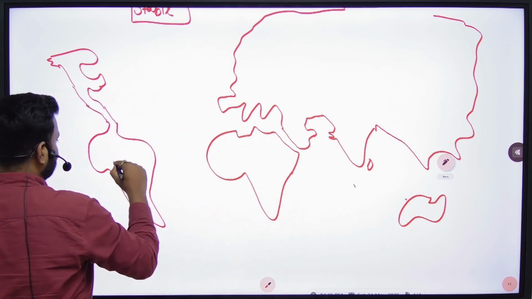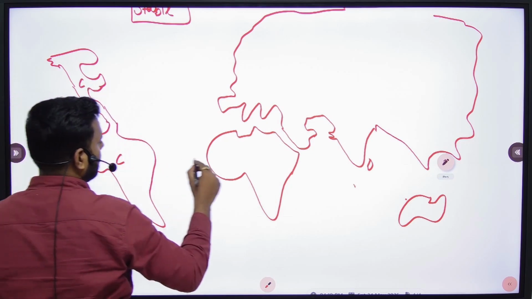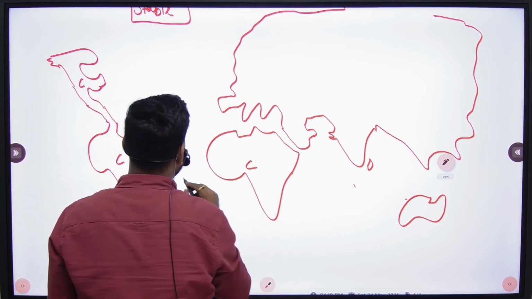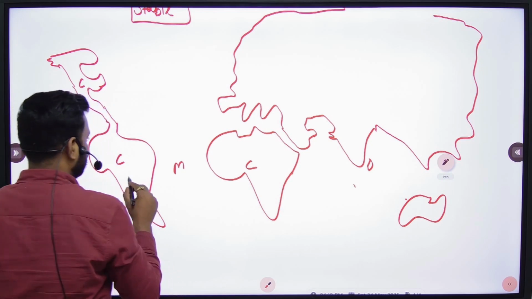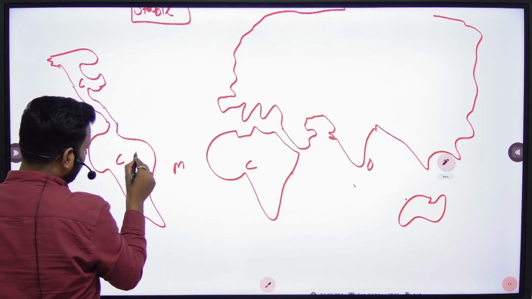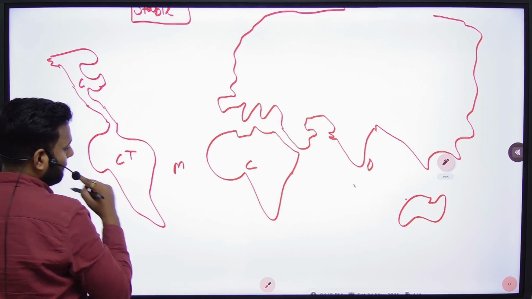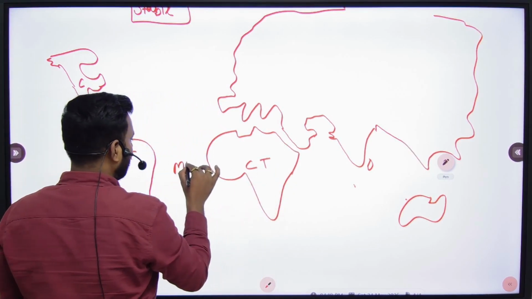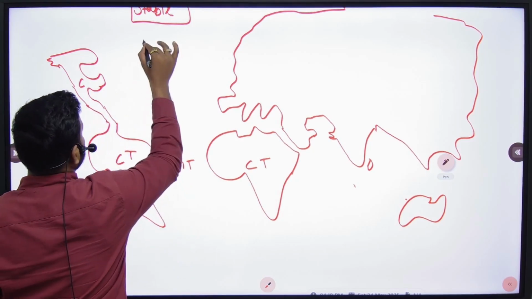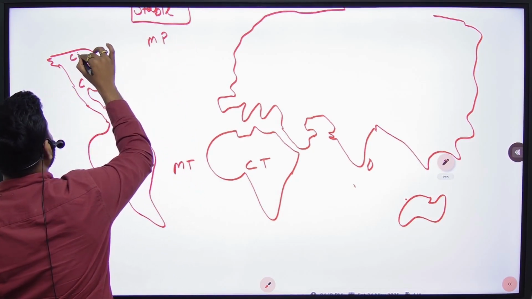Suppose that this is the continental area, this is the oceanic maritime area, this is the continental tropical. You should use these indicators. Continental tropical area, this is maritime tropical area, this is maritime polar area, this is continental polar area.